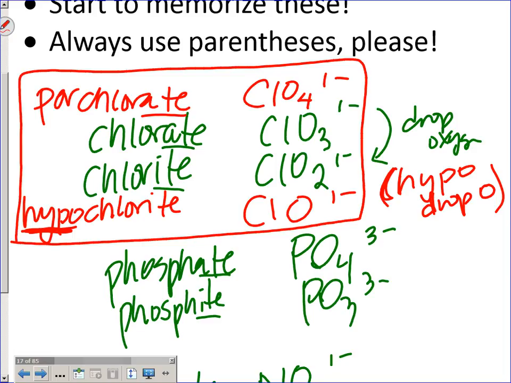Hypo meant drop an O. What do you think per means? I don't know. So per means actually like think of prelude, prologue. So some of the per stuff means to have more or come before. So we're gonna add an oxygen if you have the prefix per, and that's only for these polyatomic ions.